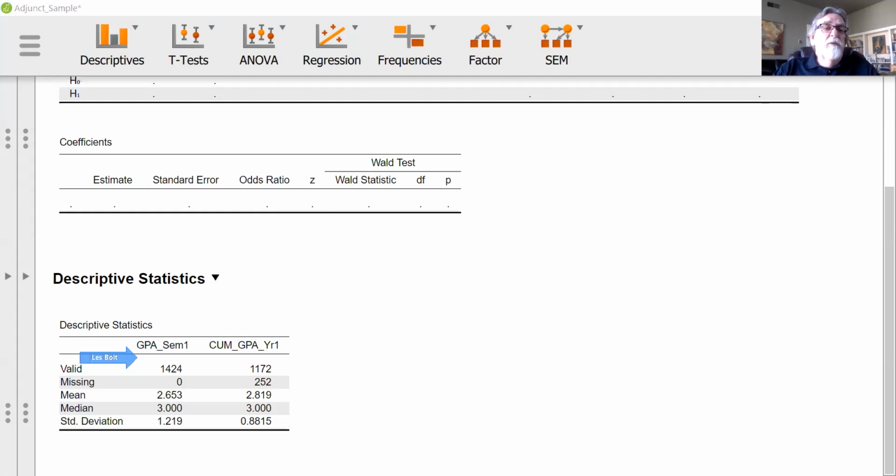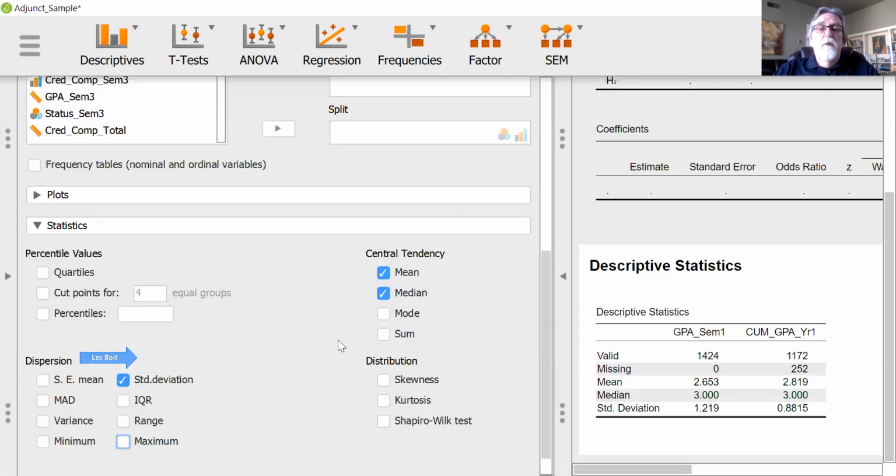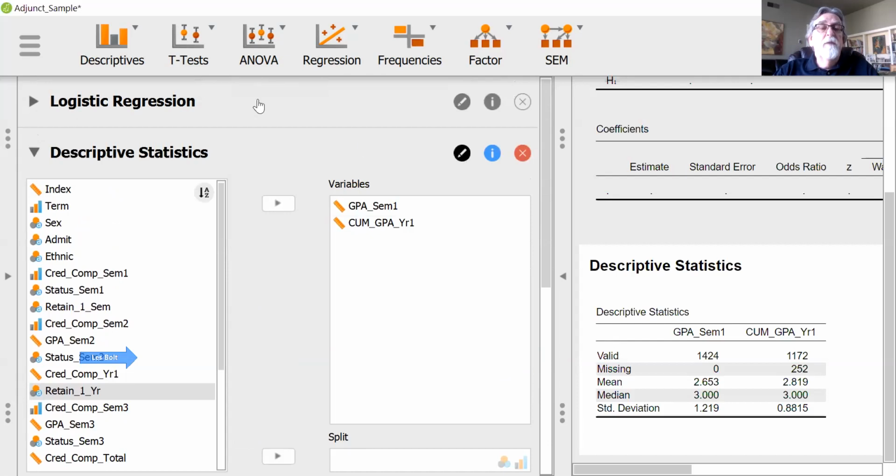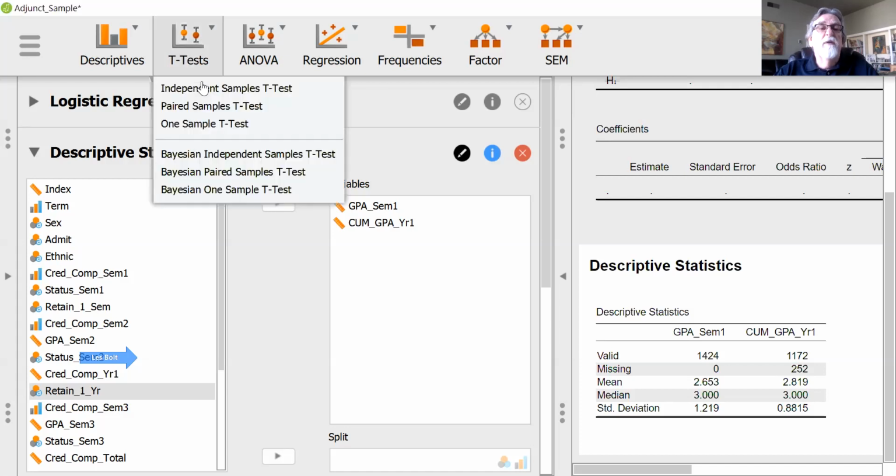Let's ask a question related to the t-test. I'll pull down the t-test menu here, if I can get it to come down. There we go.